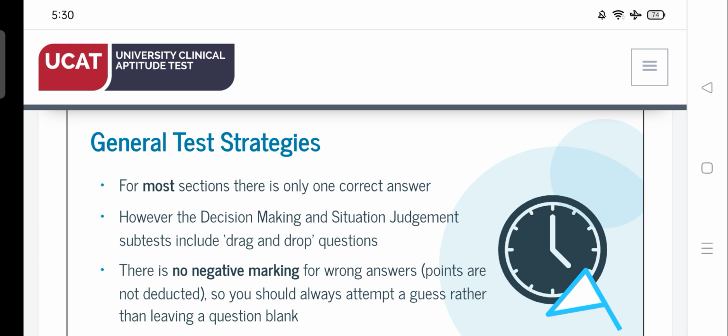Most of the sections only give options, and you have to choose the one correct answer. But there are some portions like the decision making and situational judgement subtests where drag and drop options are available. So in those subtests, more than one statement could be true.